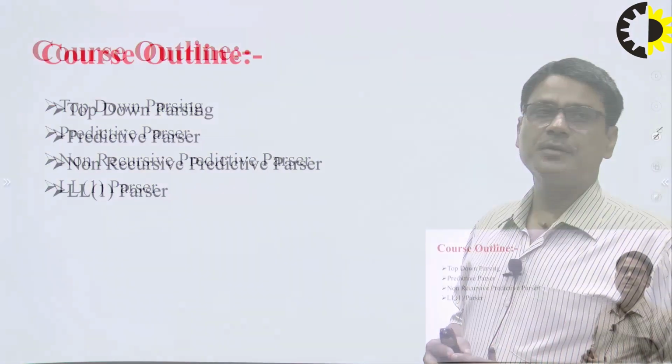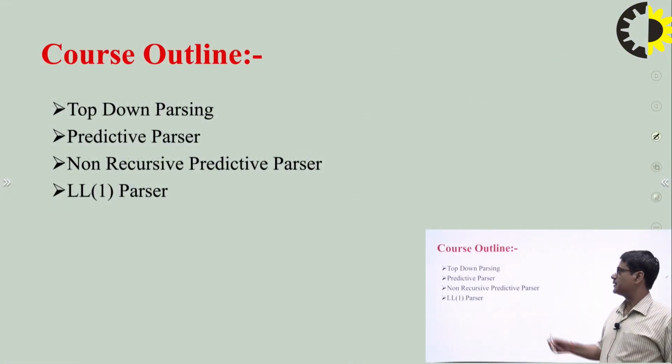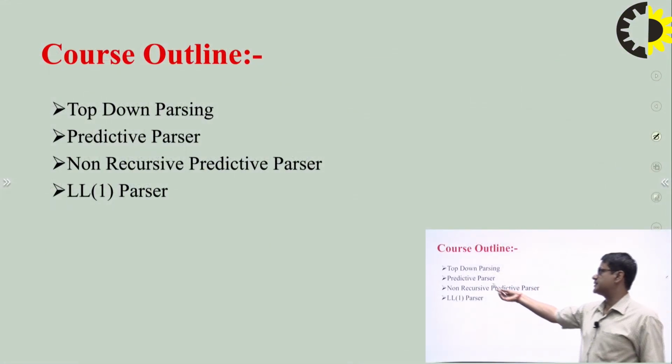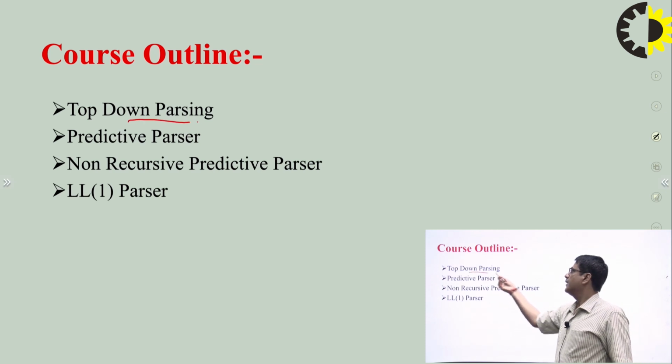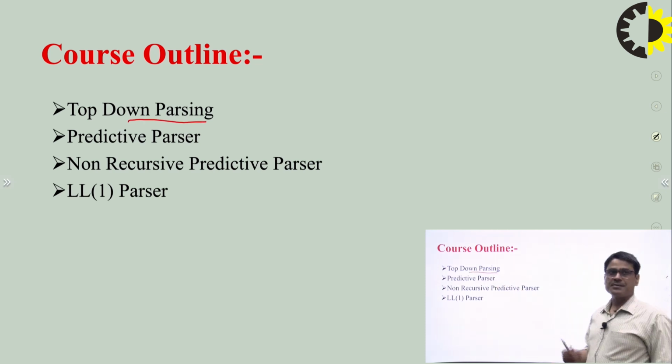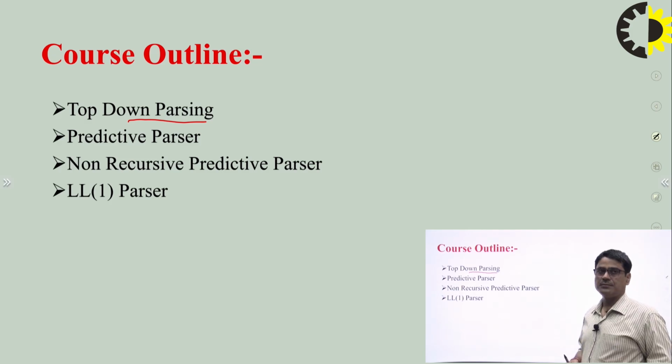If you're talking about top-down parsing, as this particular word suggests, you start with the start symbol and go up to the language accepted by that grammar. That is the set of input alphabets for which we are going to design this parse tree.